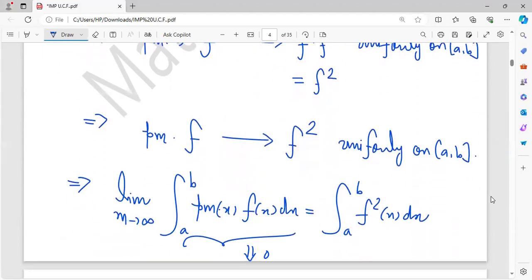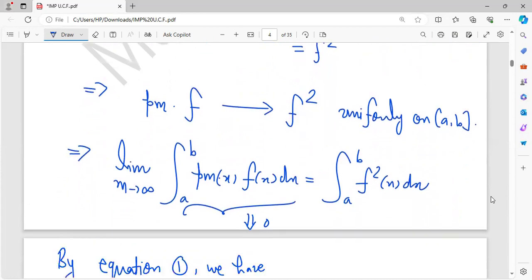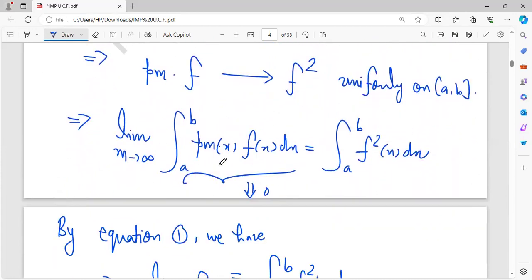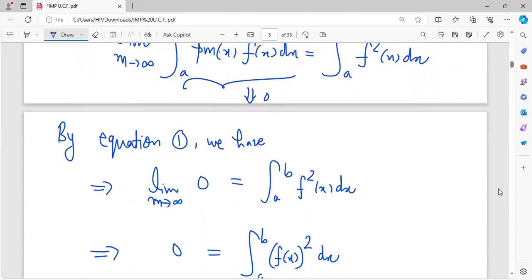If a sequence of functions converges uniformly, then their integrals will also converge. We have proved it. So you take the integration, and the limit will be this. But for any polynomial, this integration is 0 by equation 1. So we are taking the limit of a 0 sequence, so this is 0.